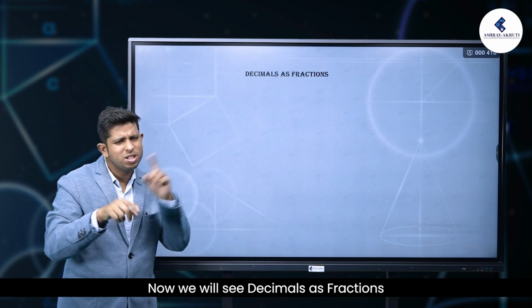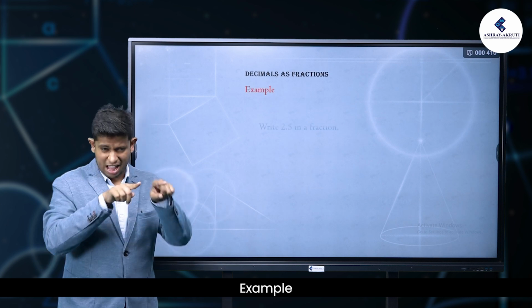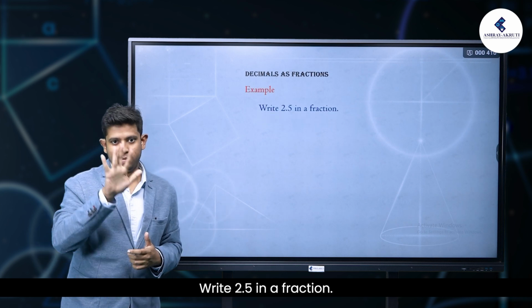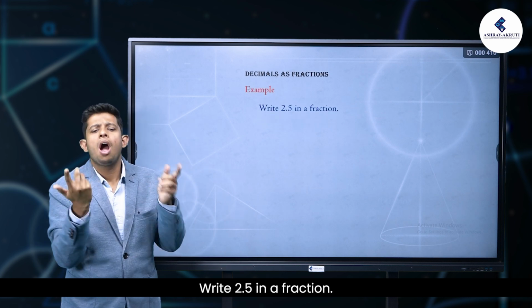Now we will see decimals as fractions. Example: write 2.5 as a fraction.